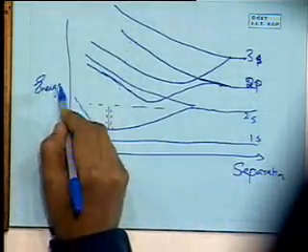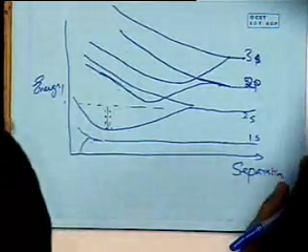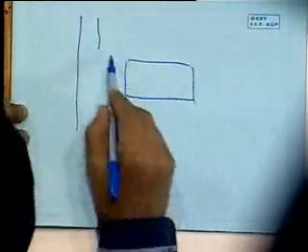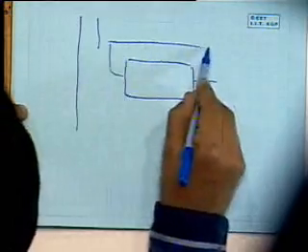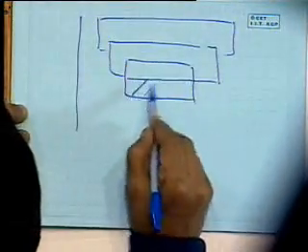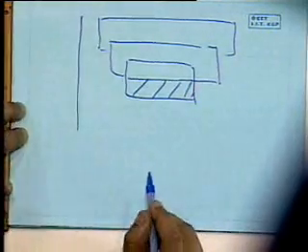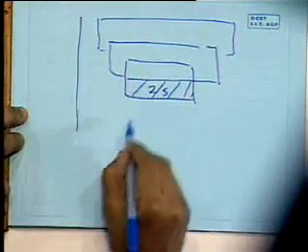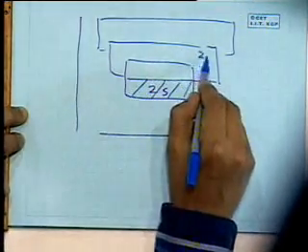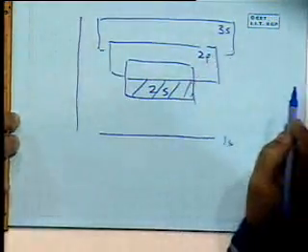Just for completion, we can redraw this in a different way: there is a series of overlapping levels, of which the first one is half full. And we've got one band somewhere here of the 1s, 2s, 2p, 3s, and so on.